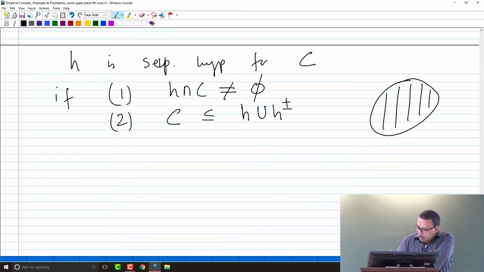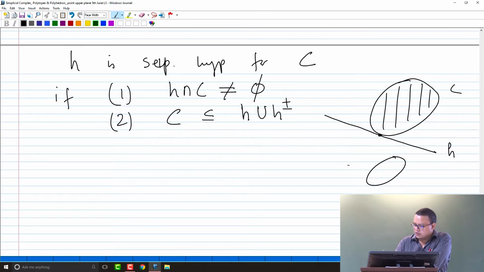Your hyperplane has a non-empty intersection with the convex body, and your convex body should be contained on one side. It should not be something like this. This is not a supporting hyperplane.